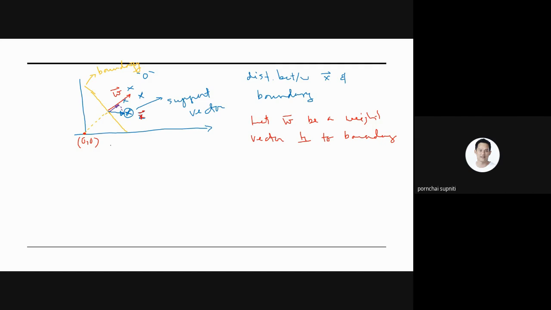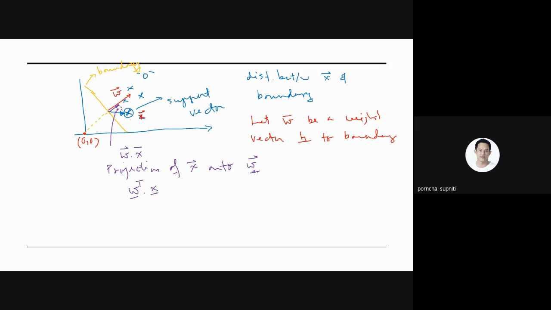And this thing, if you project x onto w, we will have w dot x. Or in terms of matrix, this is called the projection of x onto w. In the matrix analysis course, I think last semester, we defined it as w transposed times x.